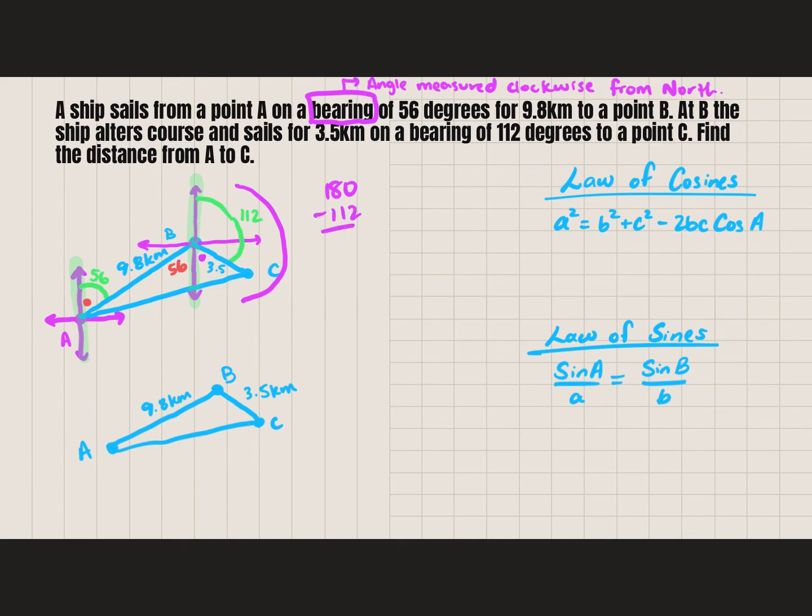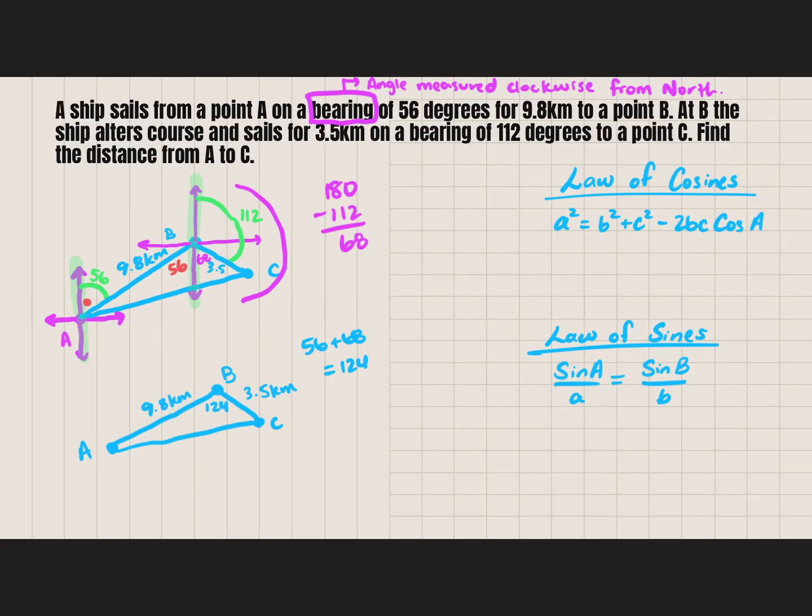So if I subtract off 112 degrees, I'm going to get 68 degrees for my little purple angle in here. Which means the entire angle at point B would be 56 plus 68, making it a 124 degree obtuse angle here at point B.